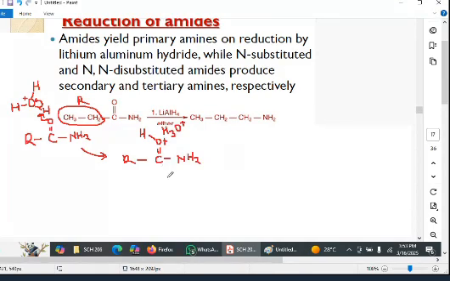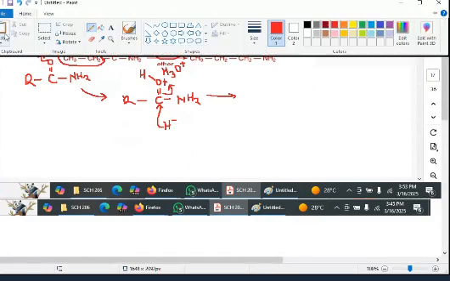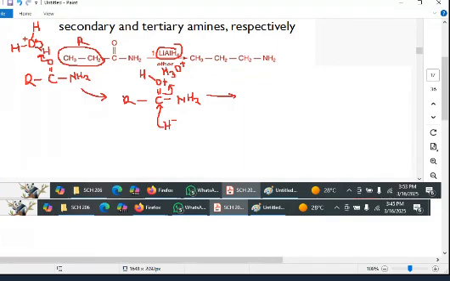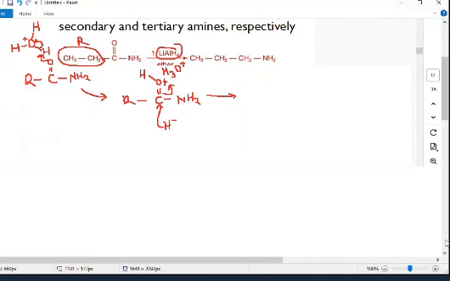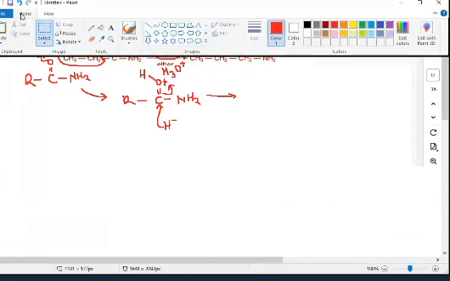So with the hydride now, remember we have talked about hydride from our reducing agents, this one opens. You can be able to see that. So that now you end up having, let me just remove this space so that you can continue with that discussion there.